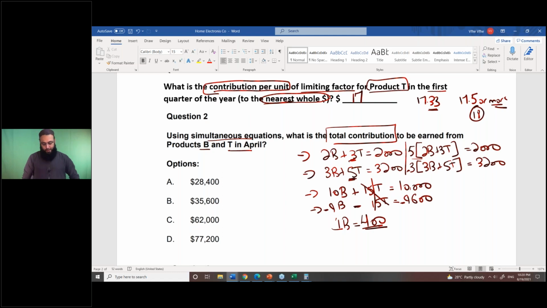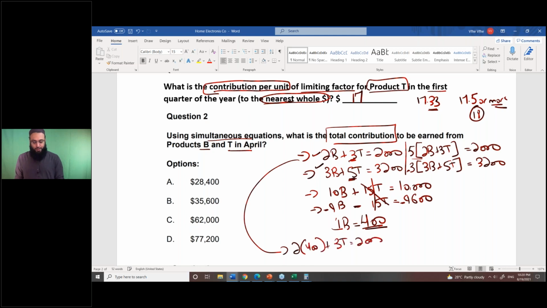Now, once you have found the answer for b, you can find the other using any equation you want. Just input this number in either of the equations and you will find the answer, right? So b is 400. Let's input in the first equation: 2 times 400 plus 3t equals 2000, and you further solve this.